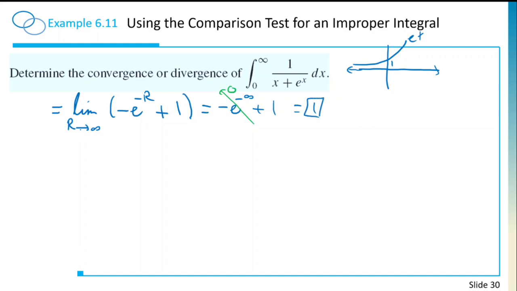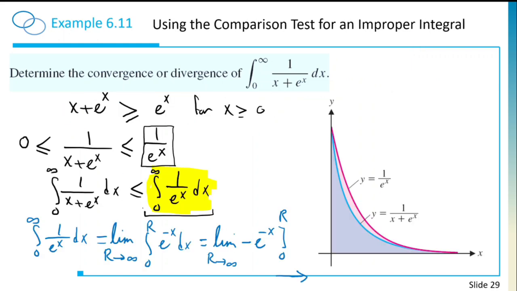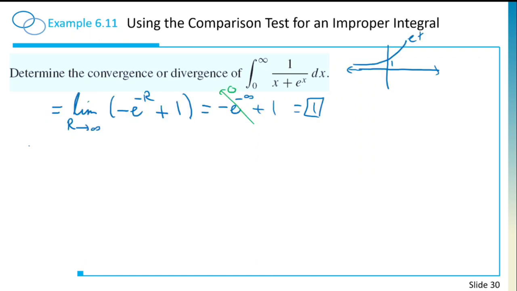Now what does that mean? If we go back to the previous slide, the larger one, the integration from 0 to infinity of 1 over e to the power of x dx, is convergent. Now, what does that mean?